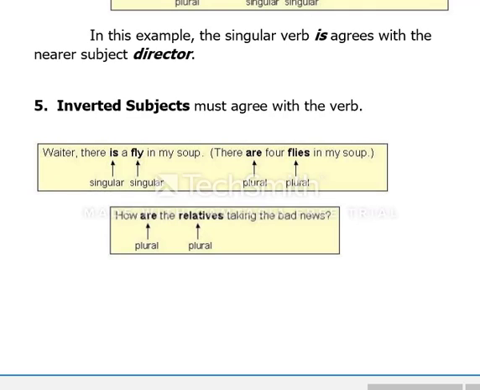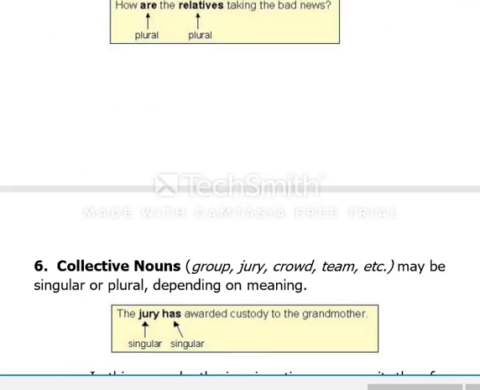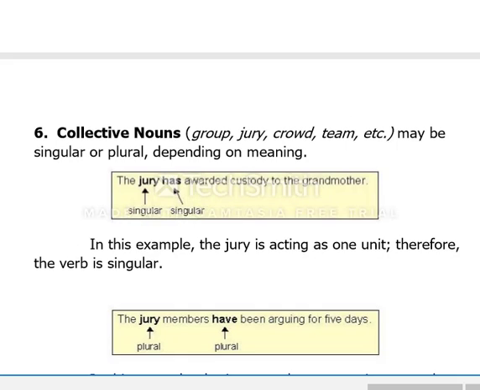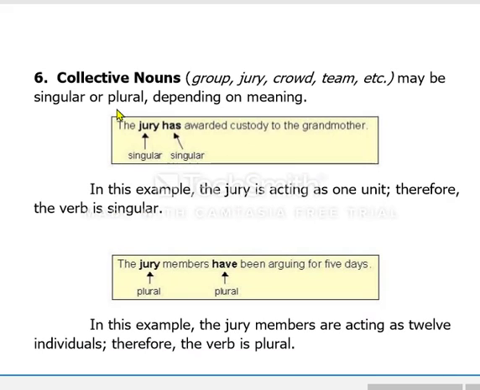So now put your attention towards the sentence. Jury basically is a collective noun. If some of the judges just combine together and they are going to decide in the case, you will say that the jury is there in the court. Now the jury will consist of more than one judge.